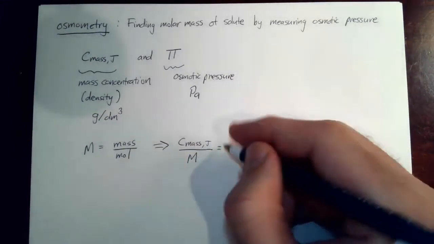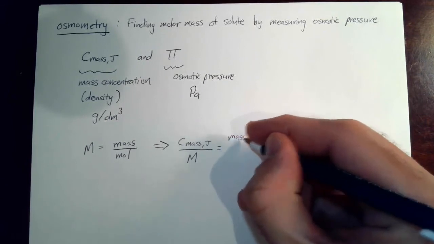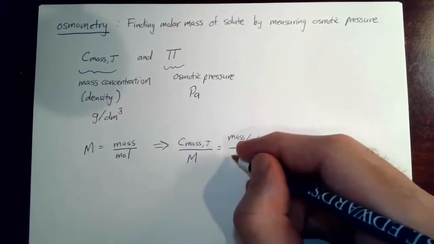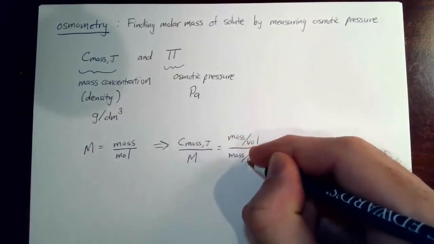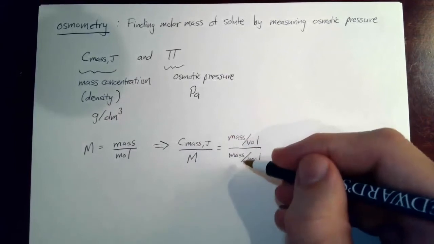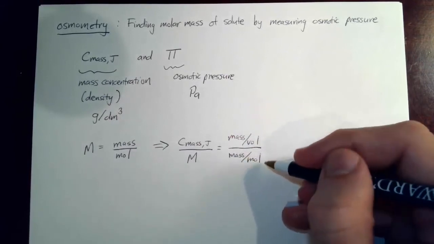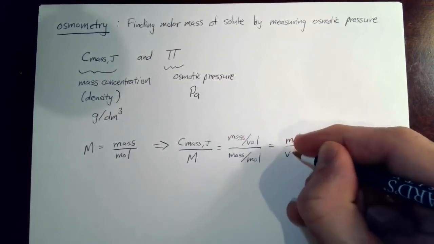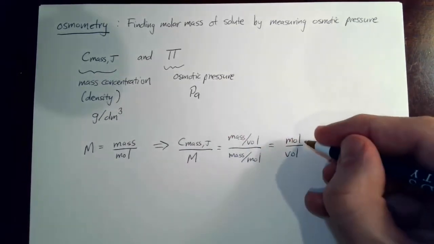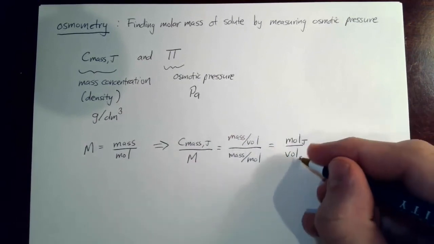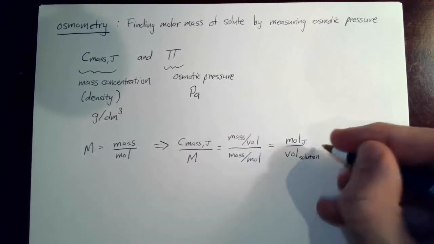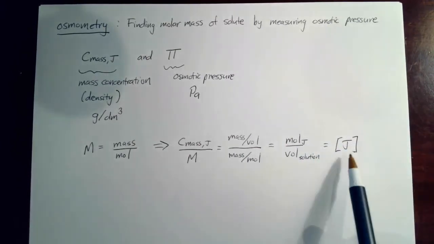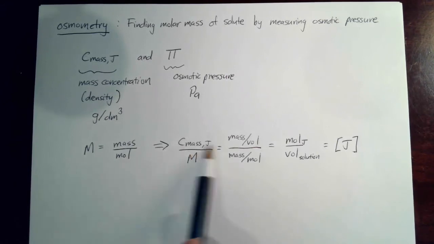Mass concentration is mass per volume, effectively a density, and M is mass per mole. The masses cancel, and the 1 over moles comes up top, so I get moles per volume. This is moles of J per volume of solution, and that's equal to the concentration of J. Now we have a way to relate the concentration to the mass concentration.